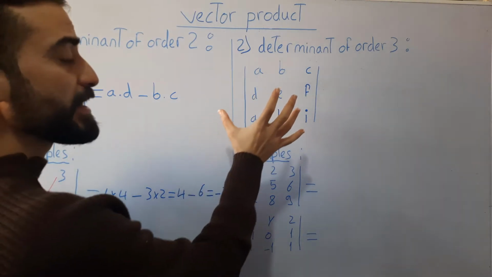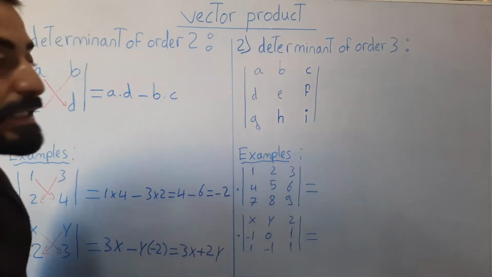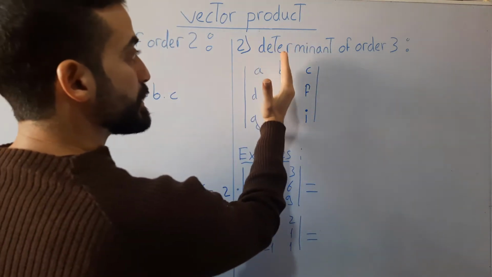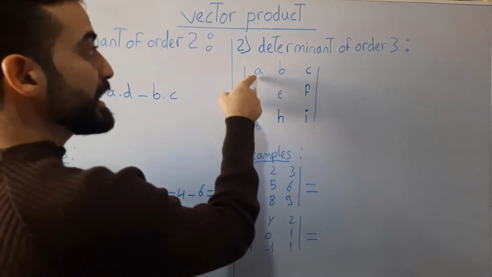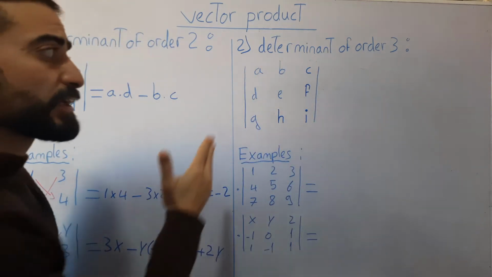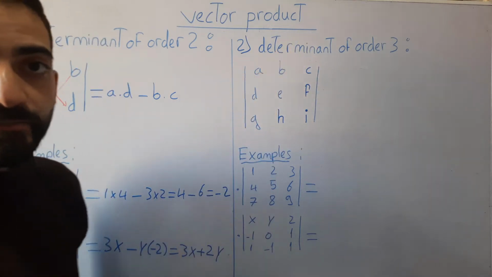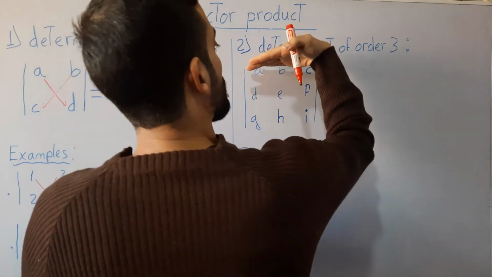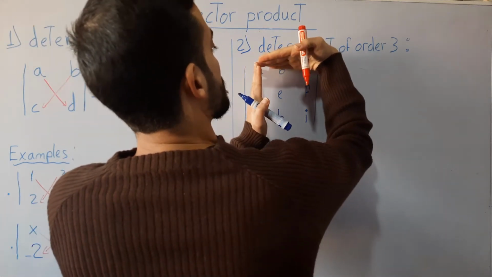Determinant of order 3 is of the form containing 3 rows and 3 columns and 9 real numbers. To calculate the determinant of order 3, we cross the first row and the first column.